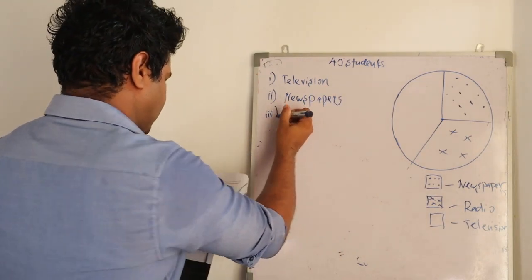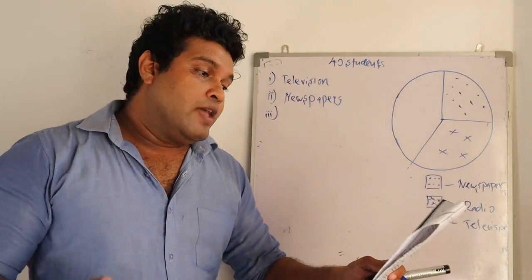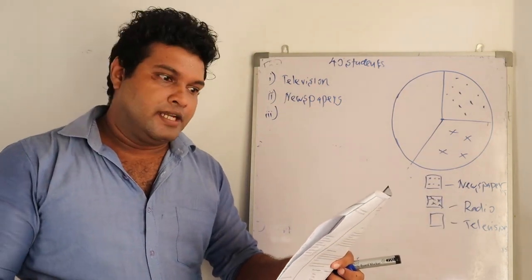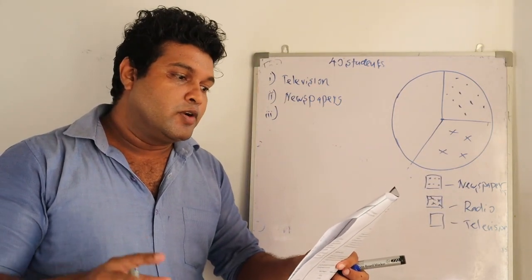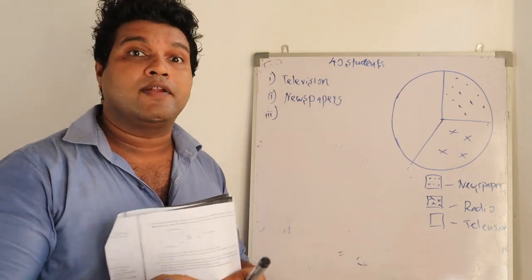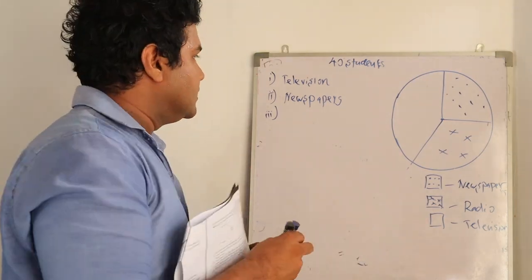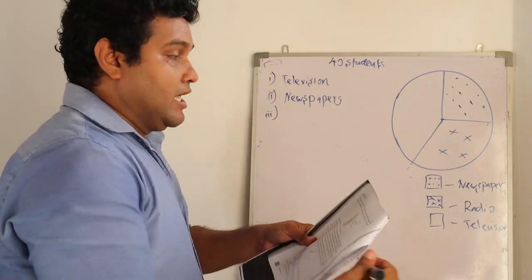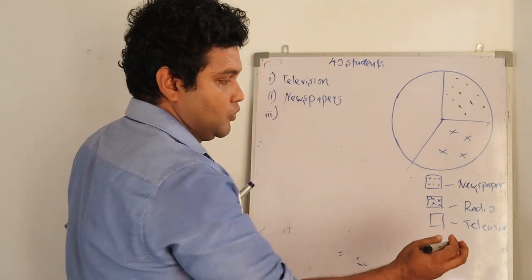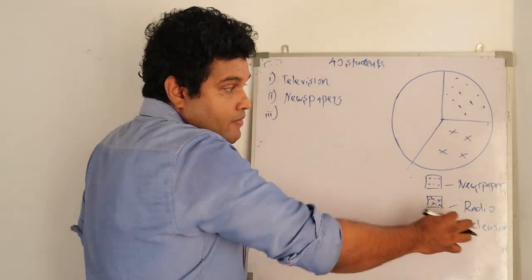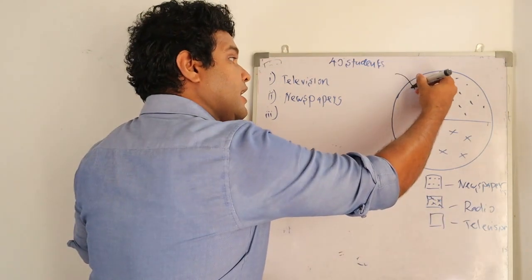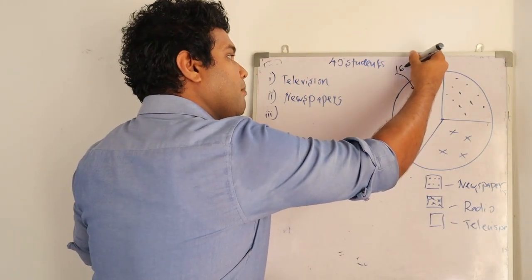Okay, third one. If the angle at the center of the sector which denotes the children who prefer television is 162, please wait. The television is 162. So after we got that television is 162, this is data, we have to mark it.